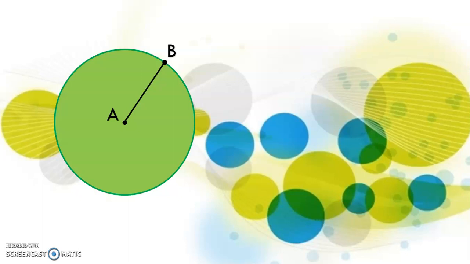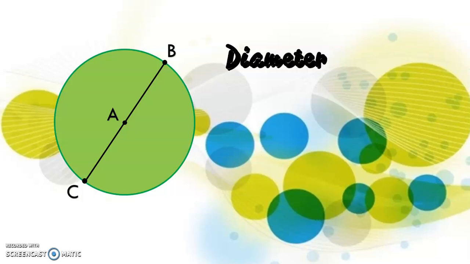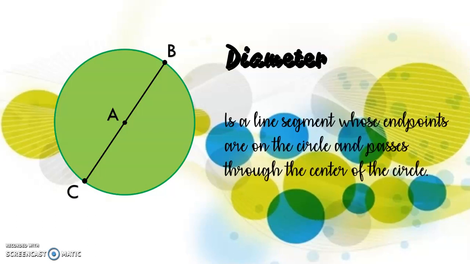Let's take another point on the circle and call it point C. Extending the radius, another line segment was drawn, and this line segment is called the diameter. And a diameter is a line segment whose endpoints are on the circle and passes through the center of the circle.